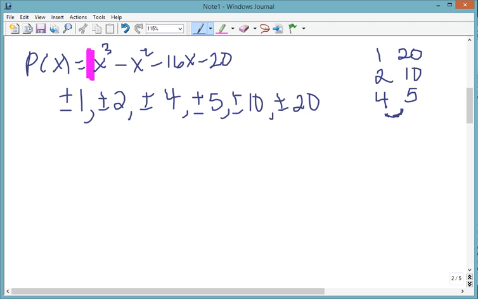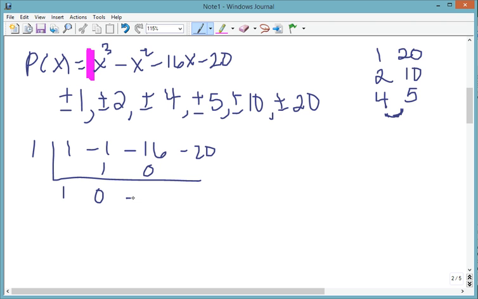Okay, so what do we do with these? Well, we just start trying them out to see whether or not they're a 0, right? So we'll start with the easiest ones, right? I'll start with 1. And 1, -1, -16, -20. Alright, so bring down the 1. I multiply. I get 0. I get -16. And obviously, 1 is not a 0.